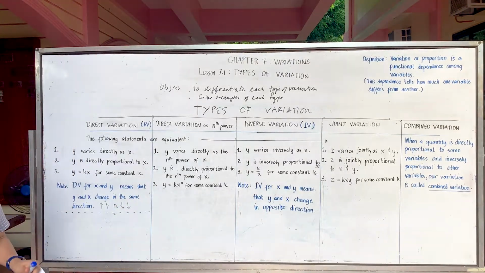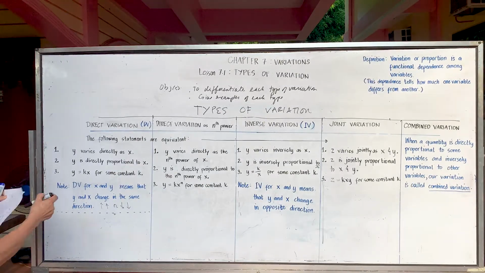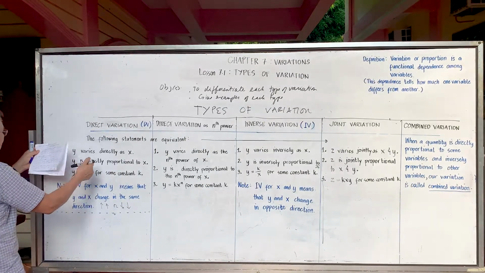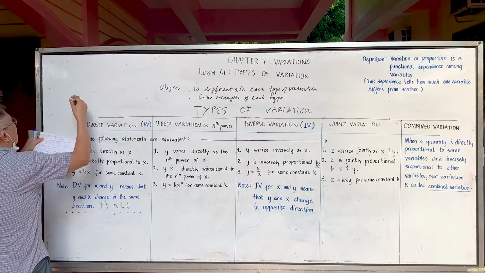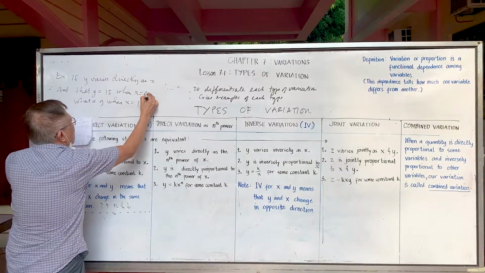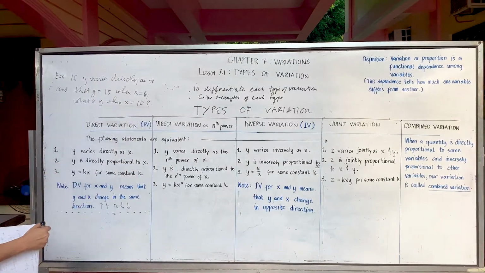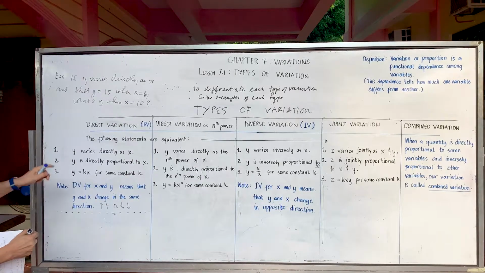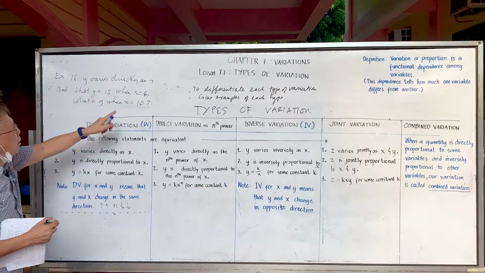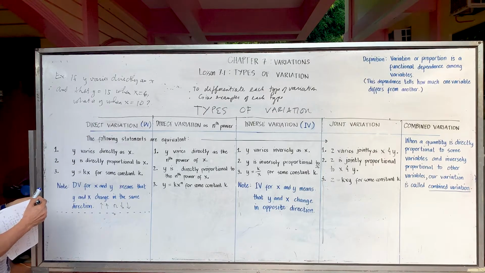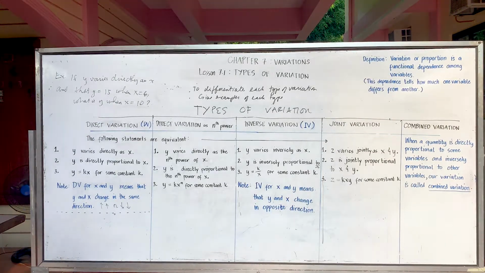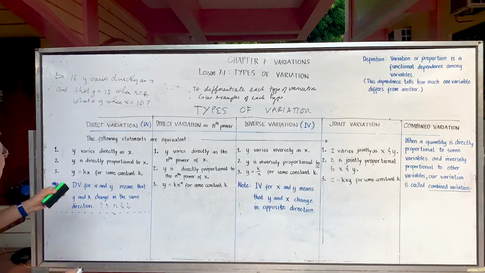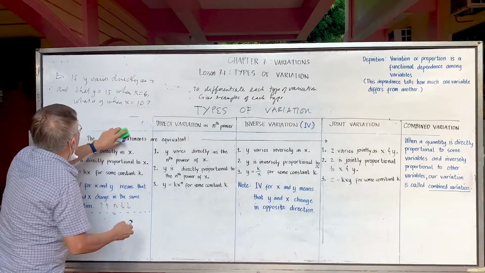Let's take an example. If y varies directly as x, and y equals 15 when x equals 6, what is y when x equals 10? Okay, so let's have this pattern here.